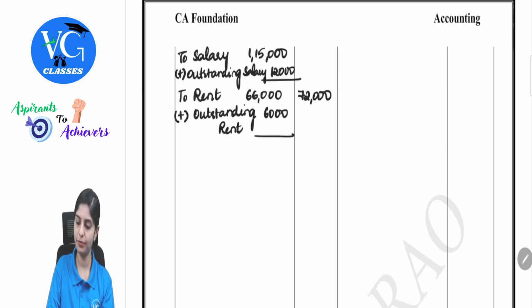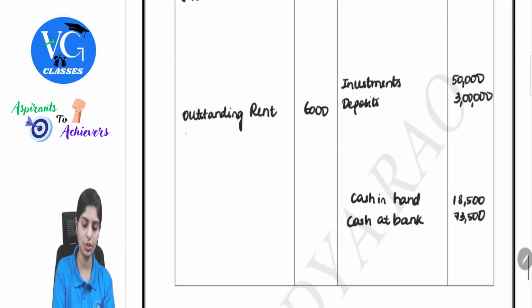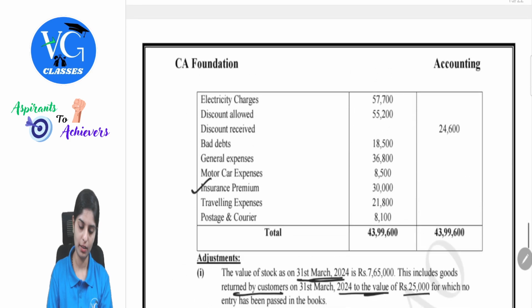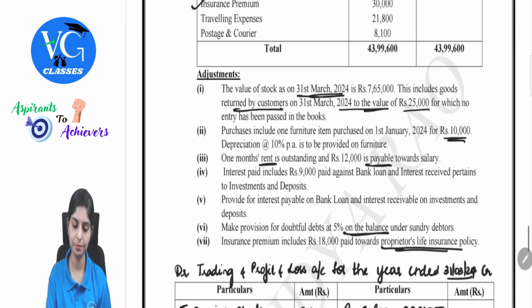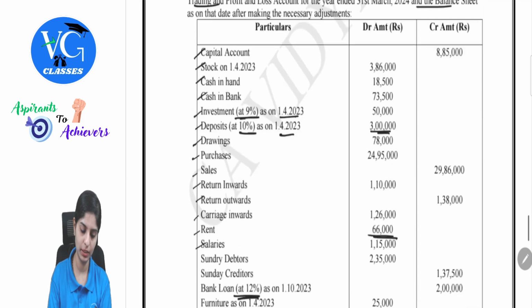So 1 lakh 15 plus 12 will be 1 lakh 27,000. Two appearances, one more in the balance sheet. Outstanding salary 12,000. Next. So this point is done.